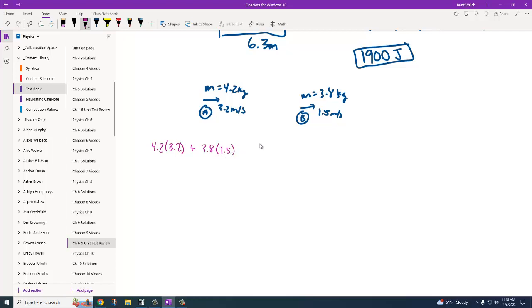Now the order matters here, the signs matter based on the direction. Notice they are both headed to the right, so they're both positive. This would equal the mass of the first object, 4.2, times its exit velocity, which would be VA2. We don't know what its velocity is after the collision, plus 3.8, the mass of the second object, times its velocity after the collision. So we'll need to do a little simplifying to this equation here in a second.